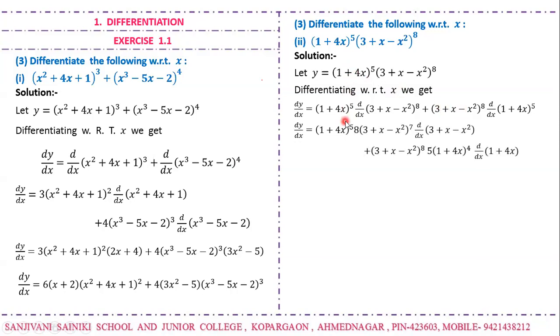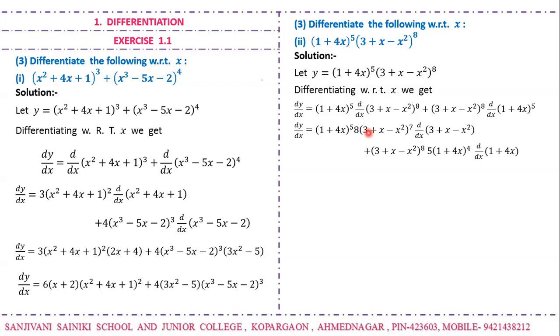So using that product rule, the d by dx of (3 plus x minus x square) raised to 8 is f of x bracket raised to 8. Its derivative is 8 times f of x raised to 8 minus 1, is 7, into f dash of x.